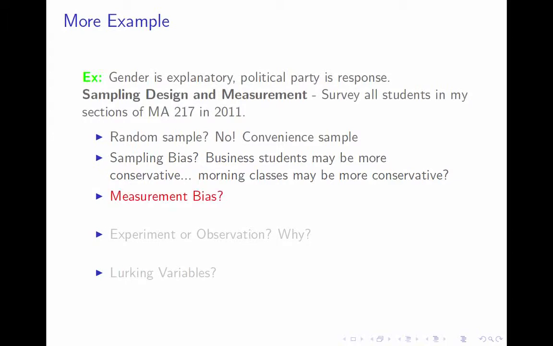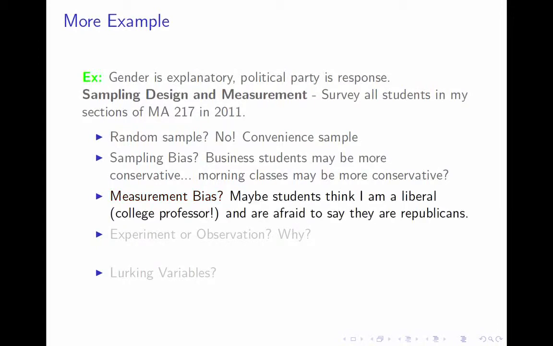All right, measurement bias. Remember that for us, the most common form of measurement bias is leading questions. We don't know any here, and response bias. Here, as I said, there isn't really any room for me to ask a leading question. You know what the question looked like, and there was nothing leading about it.